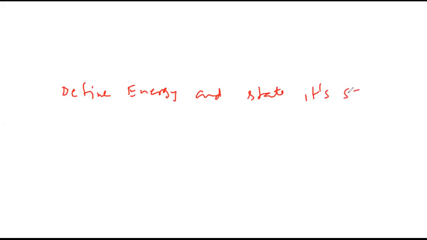The capacity to do work is known as energy. SI unit joule, denoted by which letter? J. CGS unit? Erg.